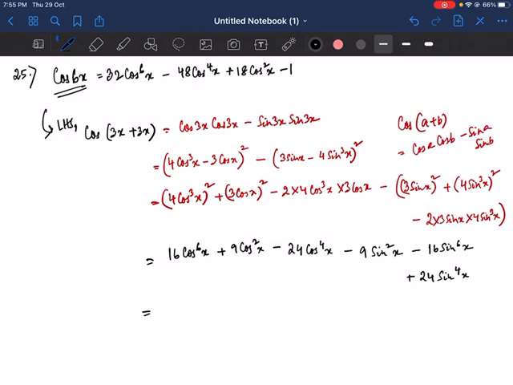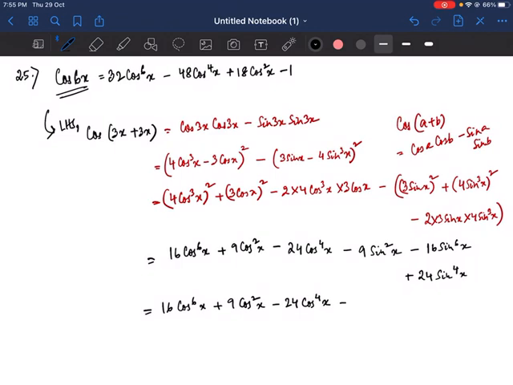So how to do that? We'll do one thing. With cos^6 x and plus 9 cos square x, we have no problem because they are in cos. The problem is with the sine terms. For 9 sin square x, I can write it as 1 minus cos square x, right? Now sin^6 x, I can write as sin square x whole cube, and sin square x is 1 minus cos square x.